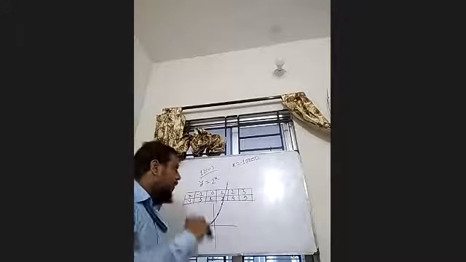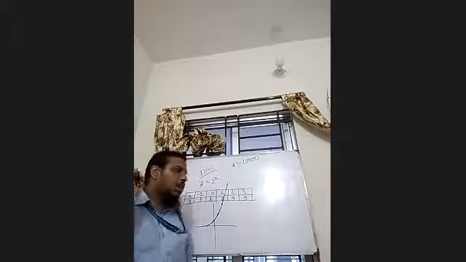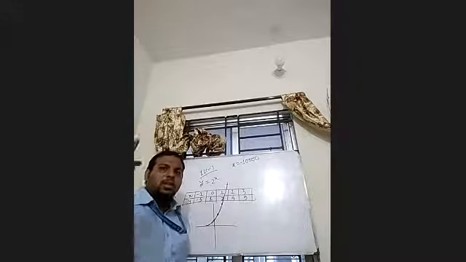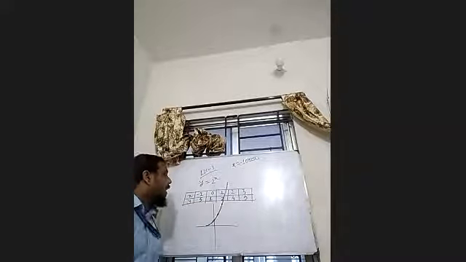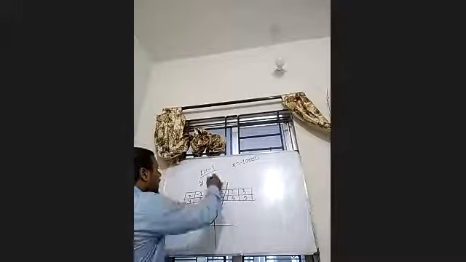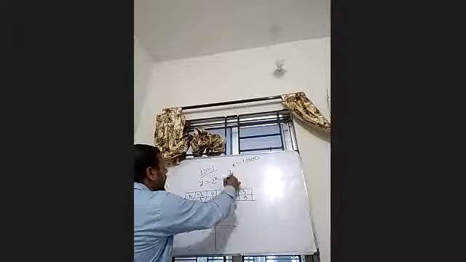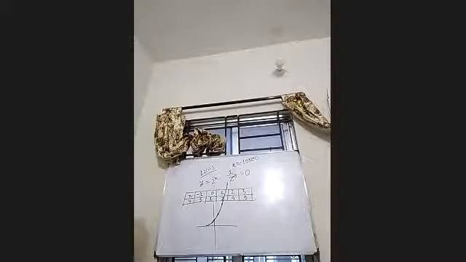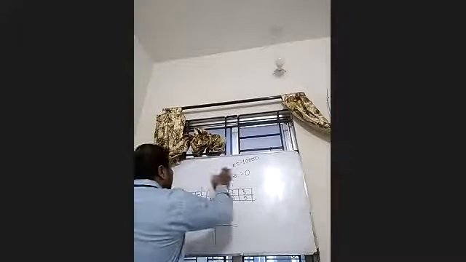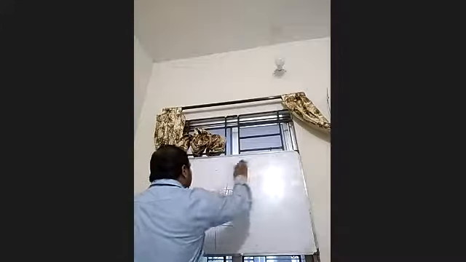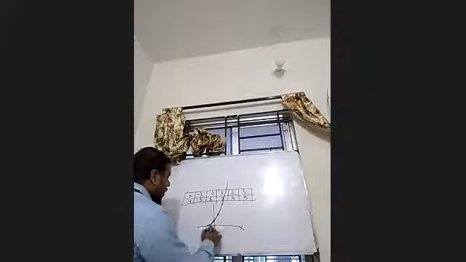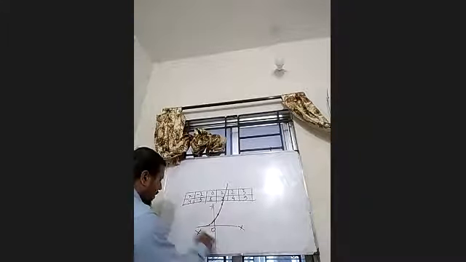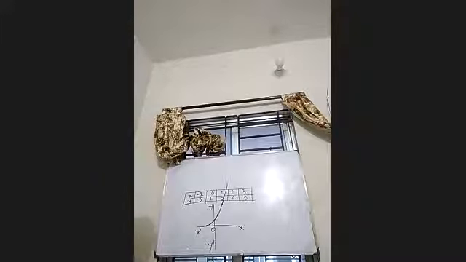We get 0 when x is equal to negative infinity. So if x is negative infinity, then it is 1 by 2 to the power infinity, that means 0. So we get y equal to 0 at negative infinity of x. Anyway, you have to put the axes x prime and y prime.